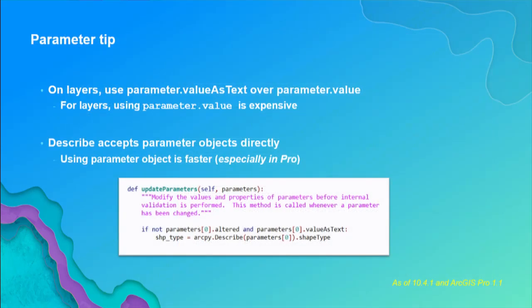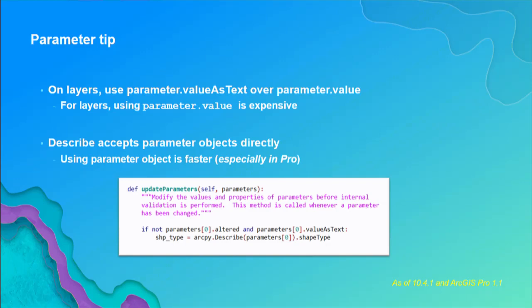Okay, so a couple random tips I just want to make sure you're aware of. This is particularly true in Pro, but if you're in validation code and you use parameter.value off of a feature layer, if you've done this, maybe you've noticed the wheel spins for half a second, maybe three quarters of a second. That's validation, you want it to be like, bam. You don't want any kind of lag.